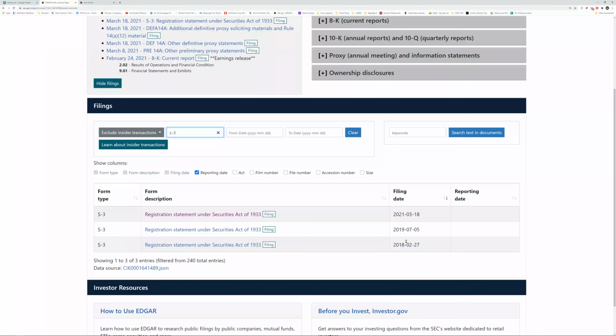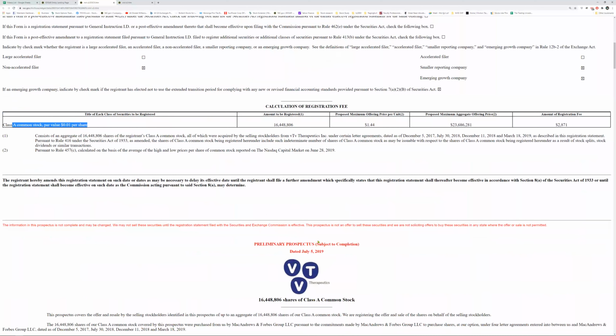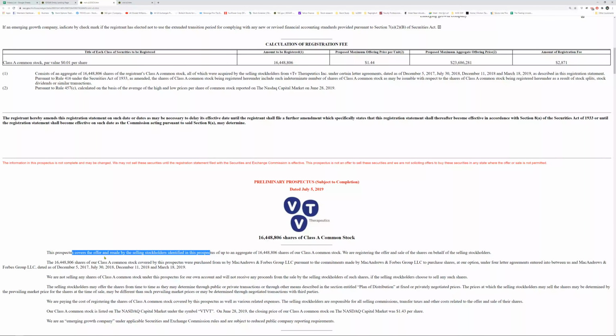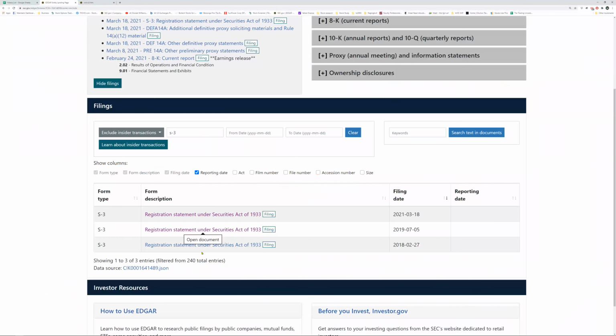So you need to read and understand what it is that they're selling, what they're doing. This isn't a shelf offering because if you read right there, it's resale of selling stockholders for this amount. So that's not a shelf, right? They're just selling stockholders who want to get rid of it.